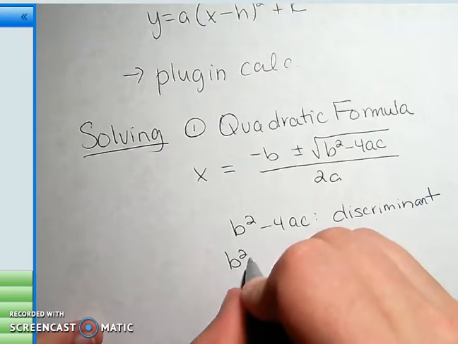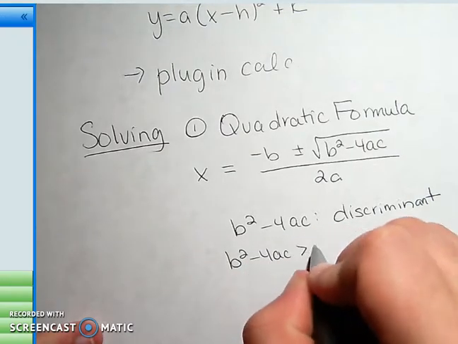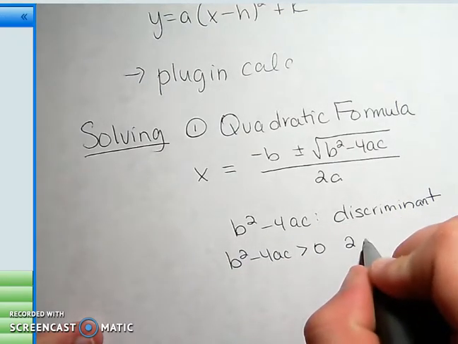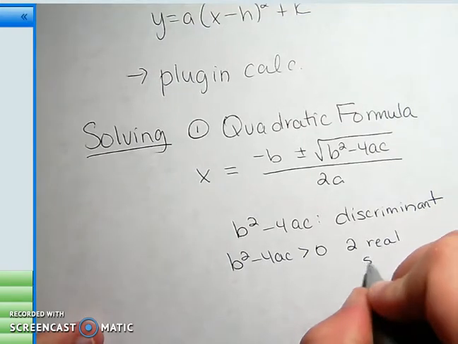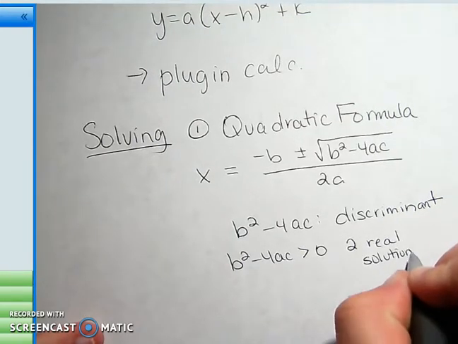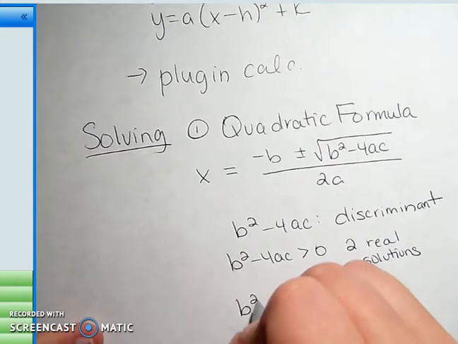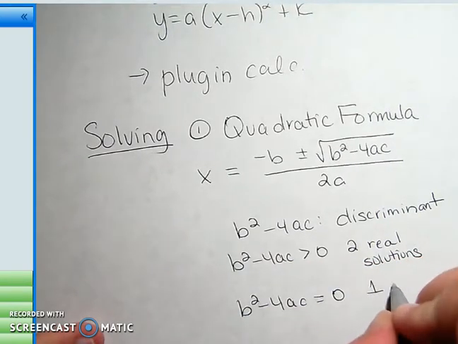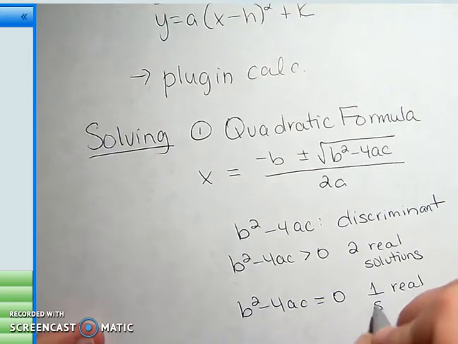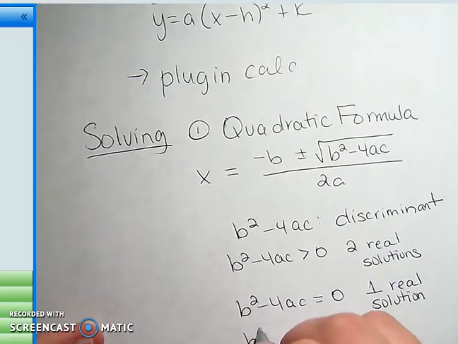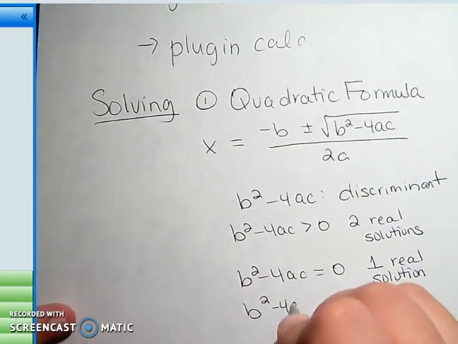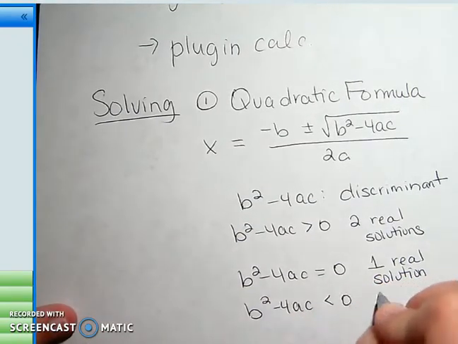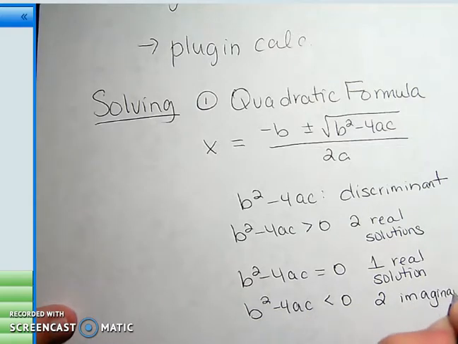If b squared minus 4ac is positive, there are 2 real solutions. If it equals 0, meaning the radical goes away, then there's only going to be 1 real solution. Then, lastly, if it's negative, there are going to be 2, everyone's favorite, imaginary solutions.